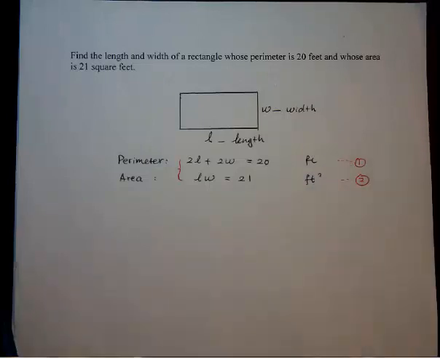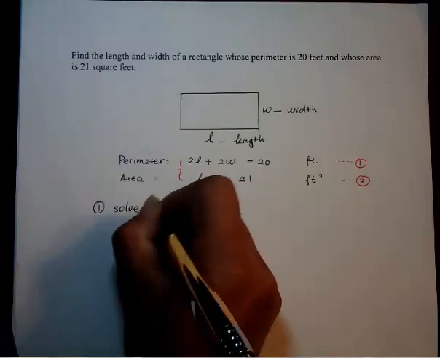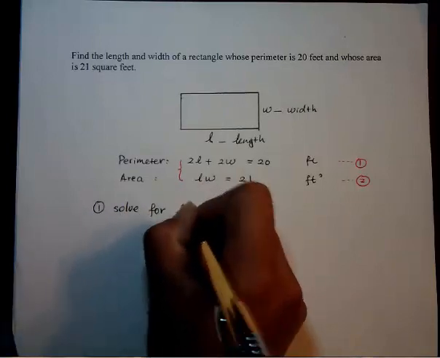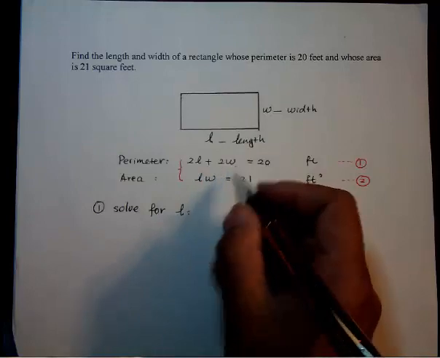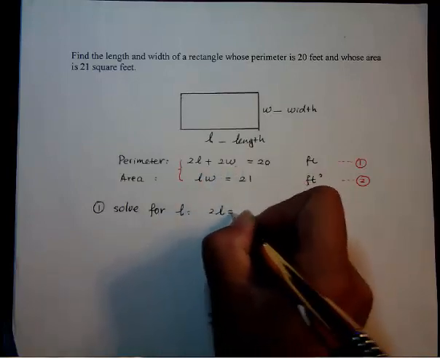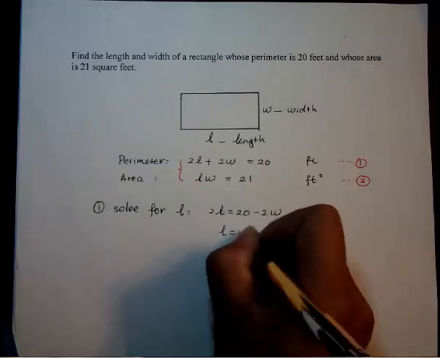Maybe I should use the substitution method. If I use equation 1 and solve for L, subtract 2W from both sides: 2L equals 20 minus 2W. Divide by 2: L is 10 minus W.